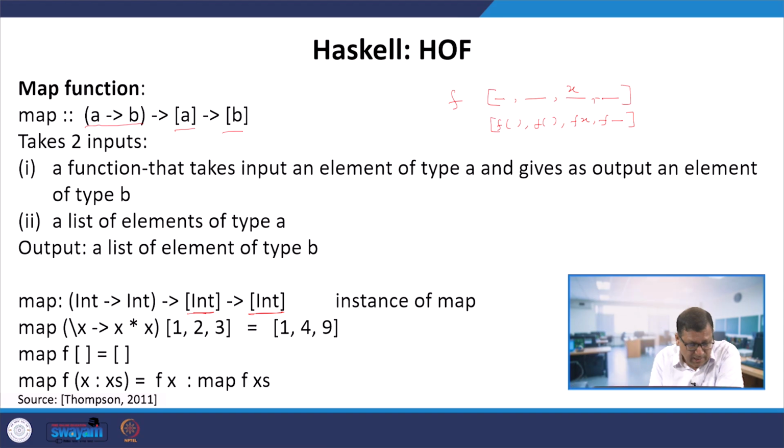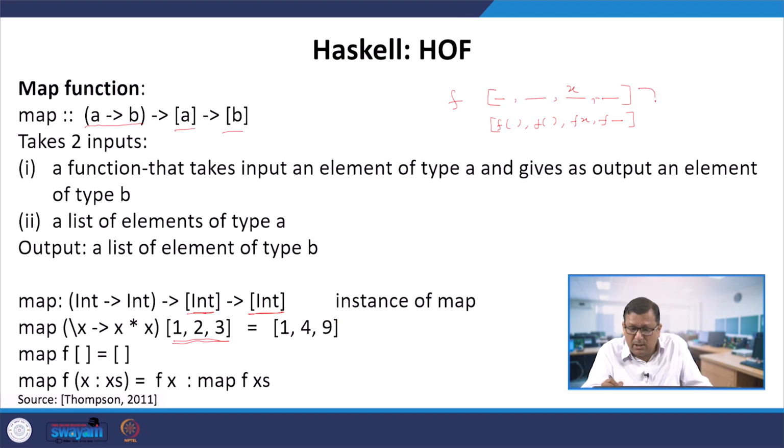Here it is written in anonymous mode as lambda x maps to x square, with 1, 2, 3 as input. That means each element will be transformed to x square. So 1 will map to 1 square, 2 will map to 2 square, 3 will map to 3 square. This is what happened in that example. So map transformed this input list to this one.